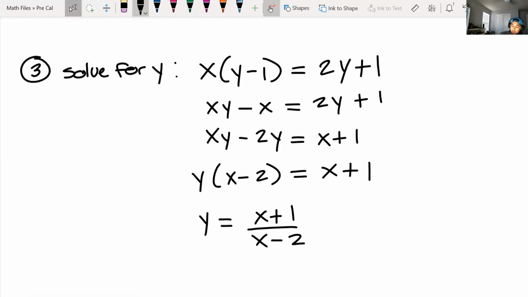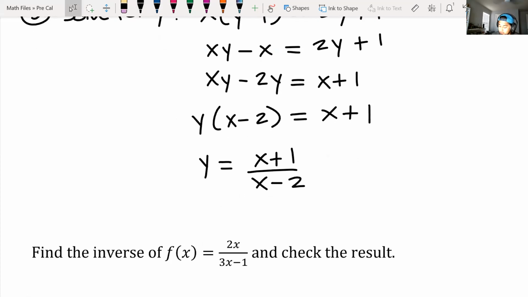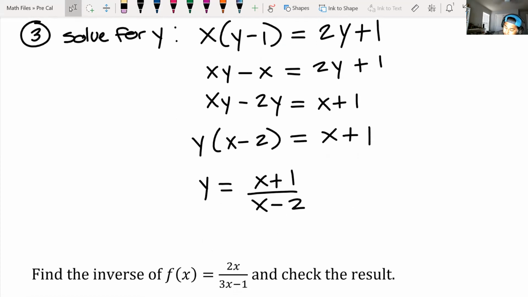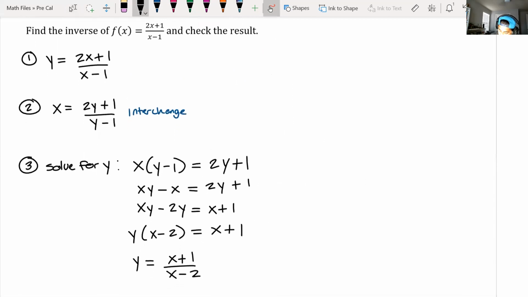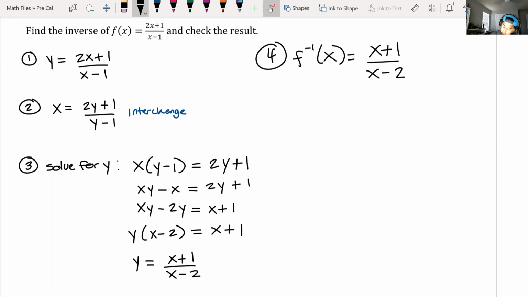And now we have found the inverse, so we write it as the inverse. So f inverse of x is equal to x plus 1 over x minus 2. There's the inverse.